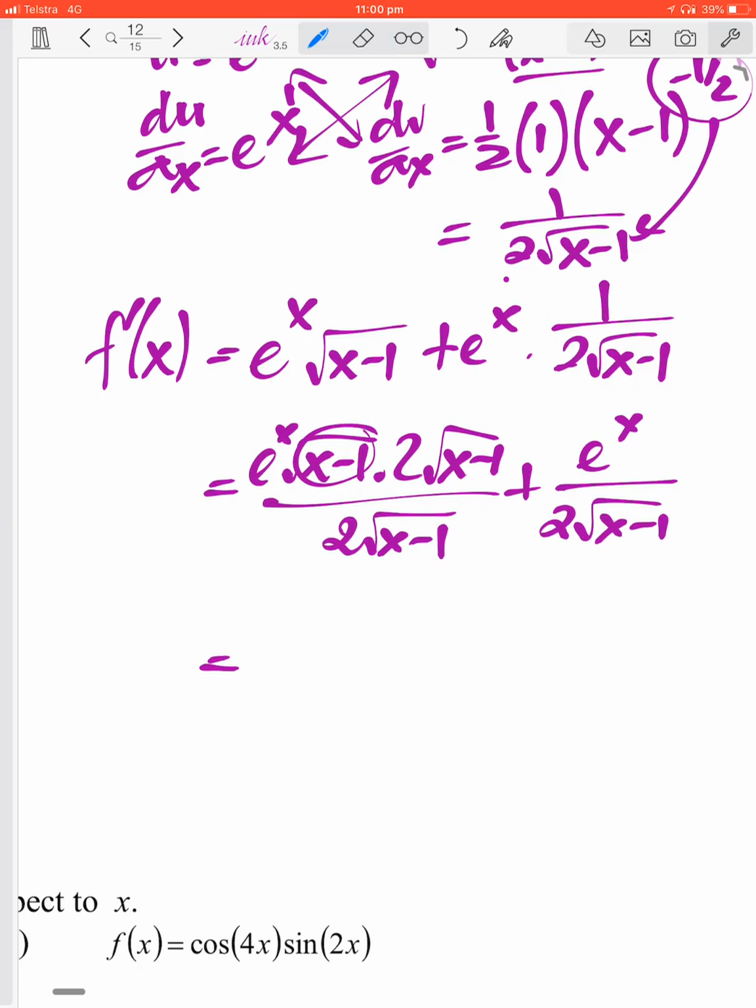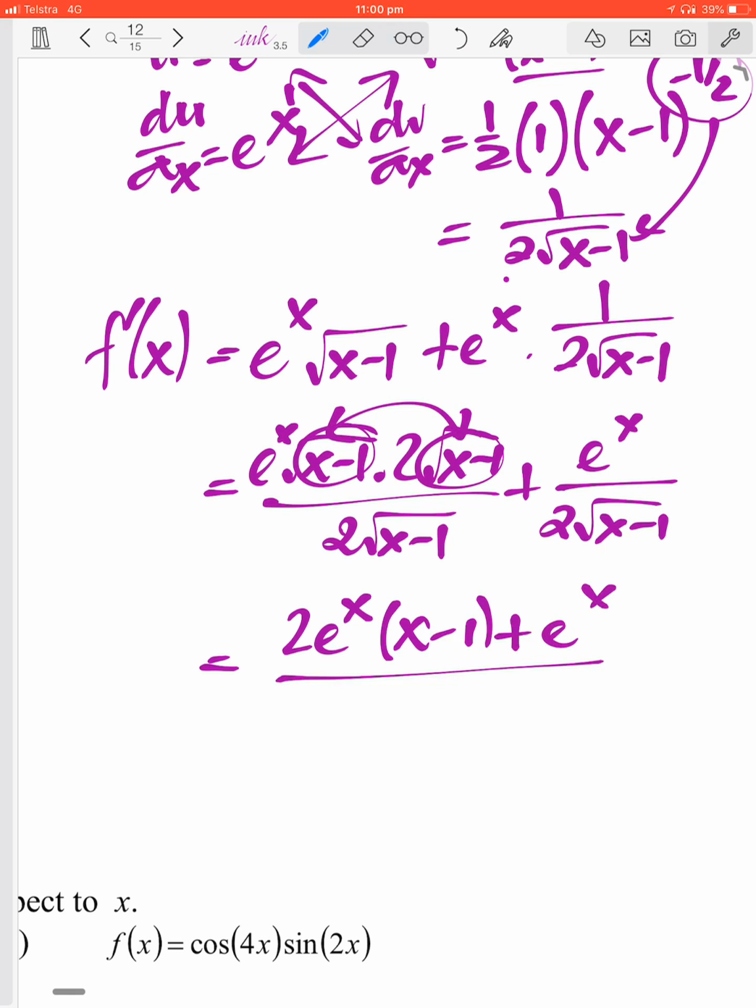From here those two join together and we get 2x minus 1, because root x minus 1 times root x minus 1 is just x minus 1. So I get 2e to the x (x minus 1), plus e to the x on 2 root x minus 1.